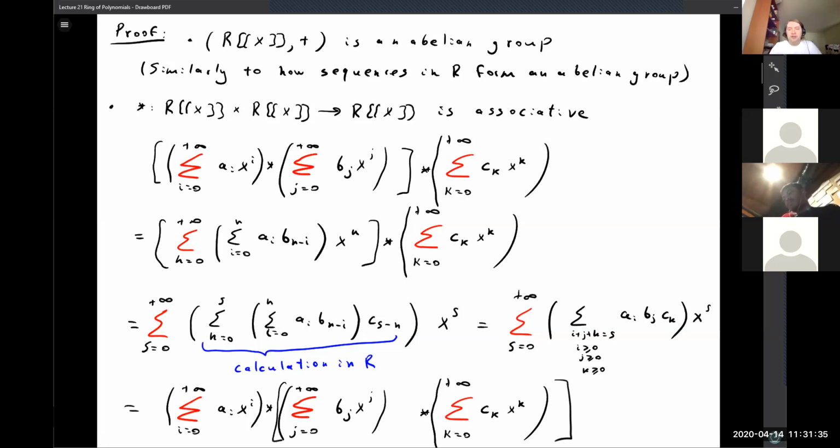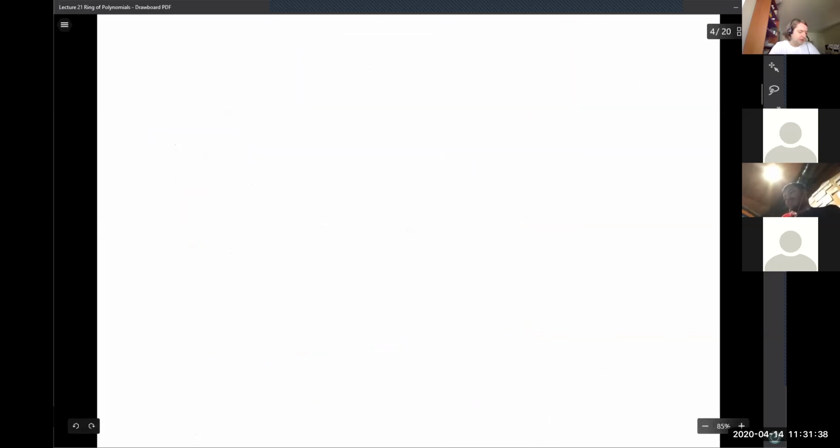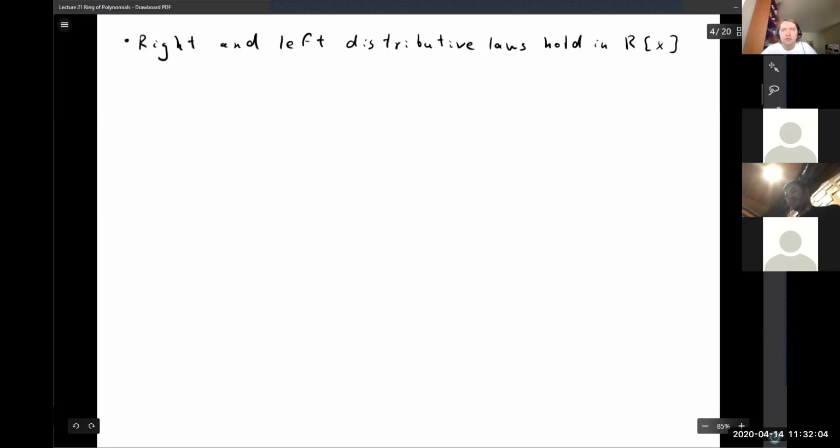Similarly to what I did right now, one can prove that the right and left distributive laws hold in the ring of formal power series.